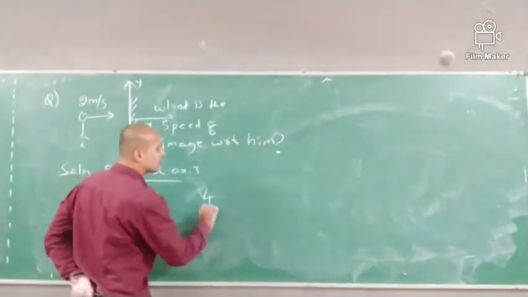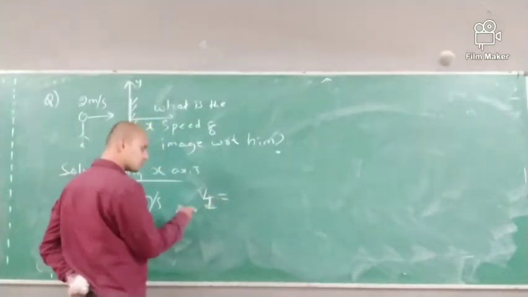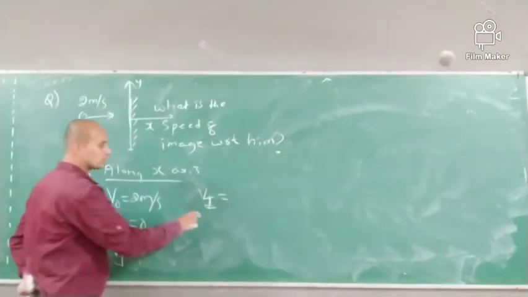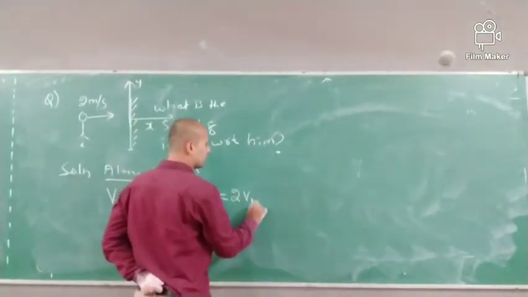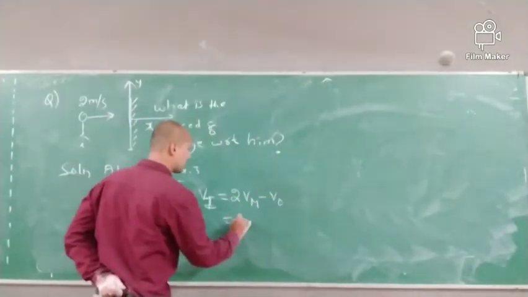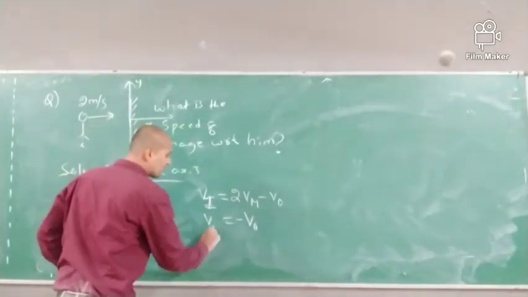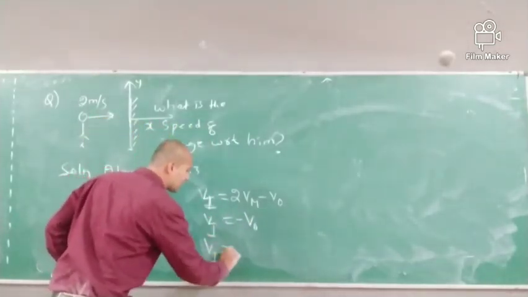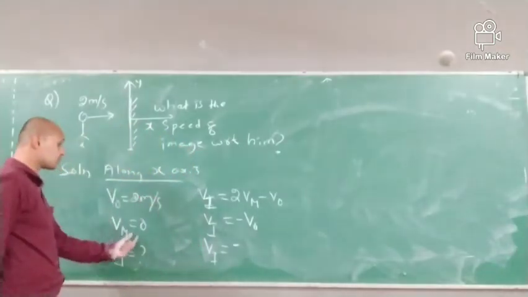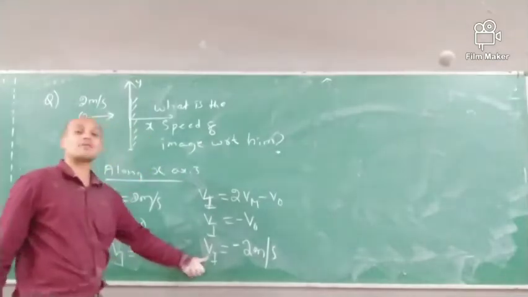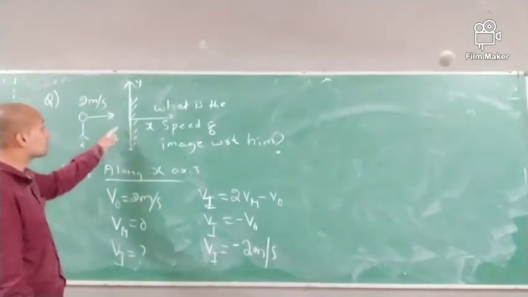We know that velocity of image with respect to ground is 2Vm minus V0, which will become minus V0. Minus V0 means it is minus 2 meter per second. So this is the velocity of image with respect to ground.